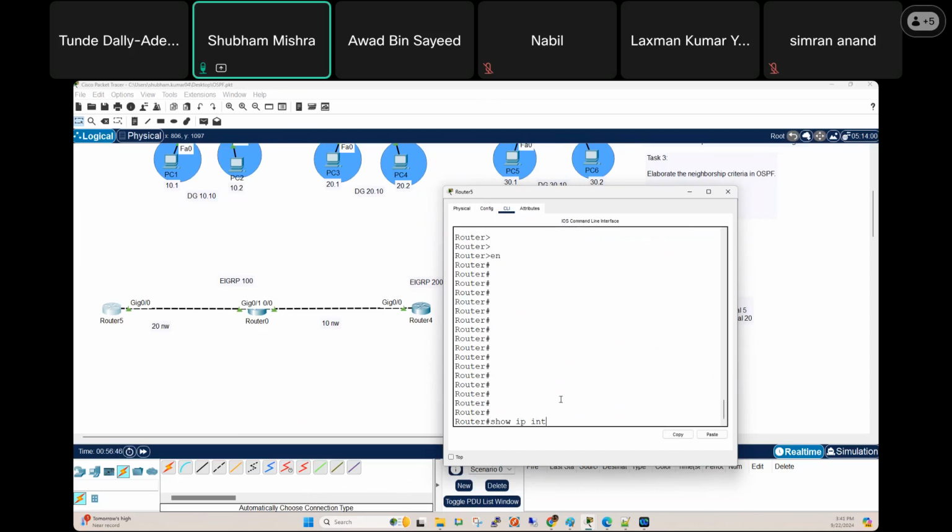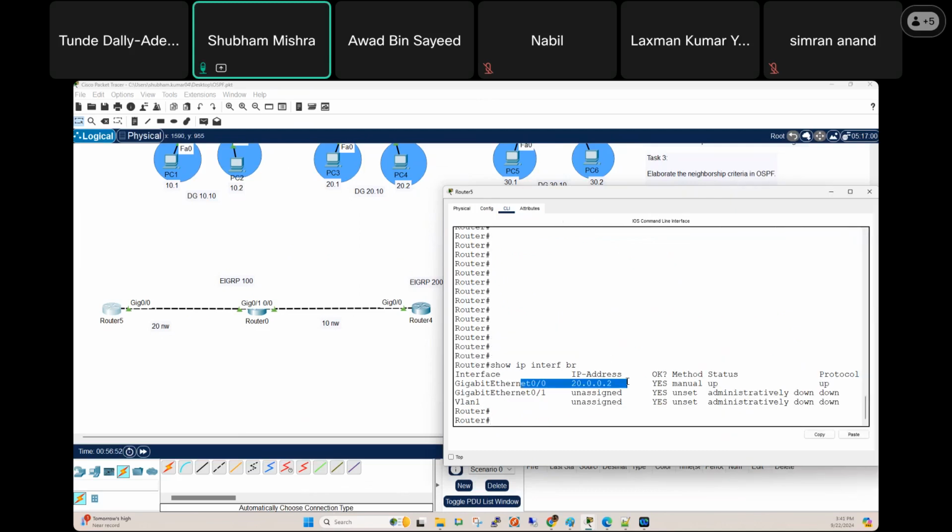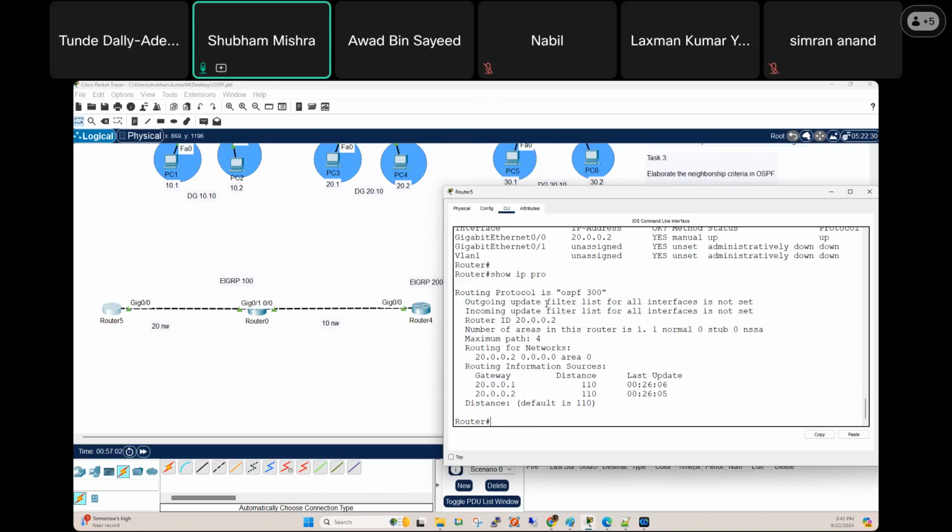With show ip interface brief, only 20.2 is configured here. Then with show ip protocols, I am checking that OSPF is configured. And what is the router ID? 20.2.